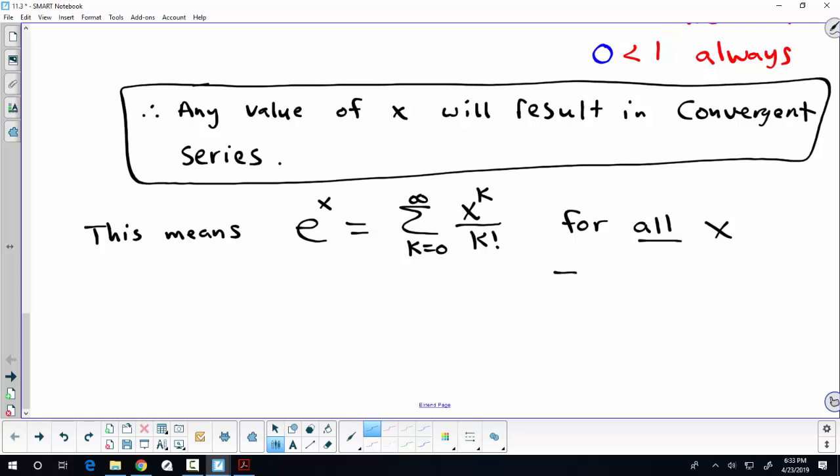That is, the interval of convergence is all real numbers, and the radius is infinite. If you've looked ahead, you've seen a formula or a table of some Maclaurin series for e to the x, sine, cosine, natural log, inverse tangent. All of those are derived the very same way.